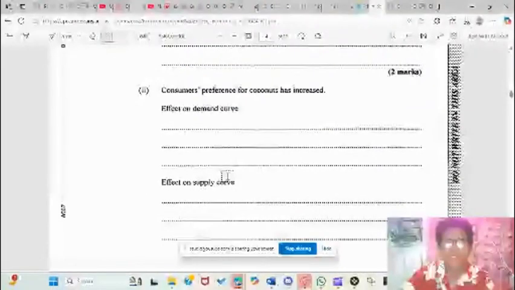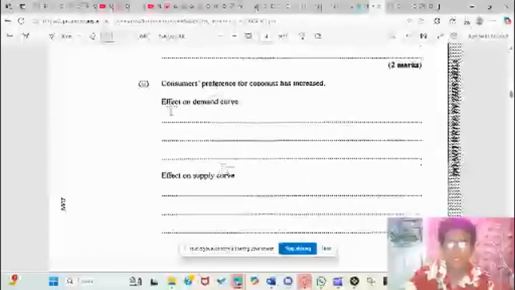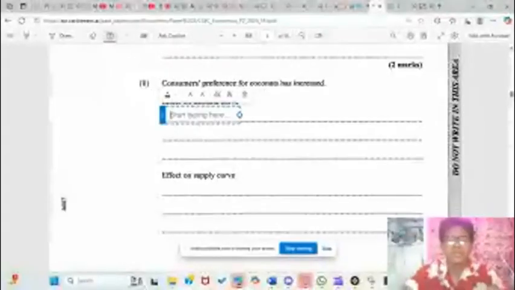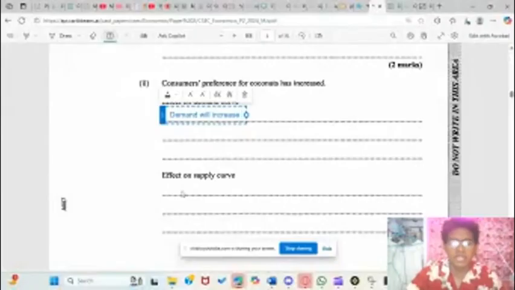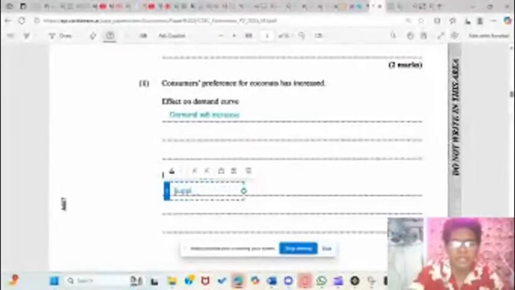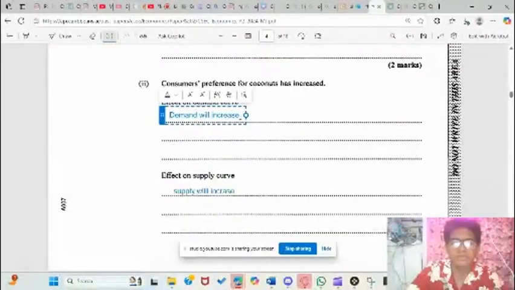Consumers' preference for coconuts has increased. Effect on demand curve: demand will increase, what we consider to be a rightward shift.